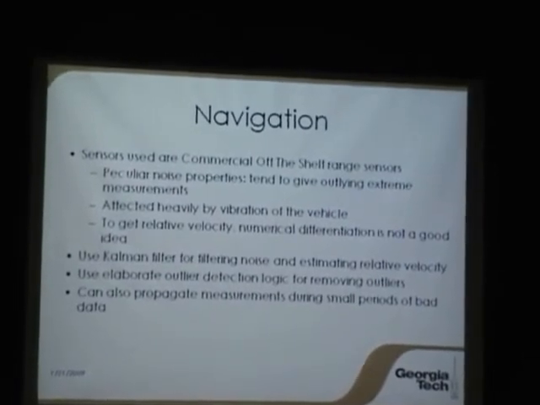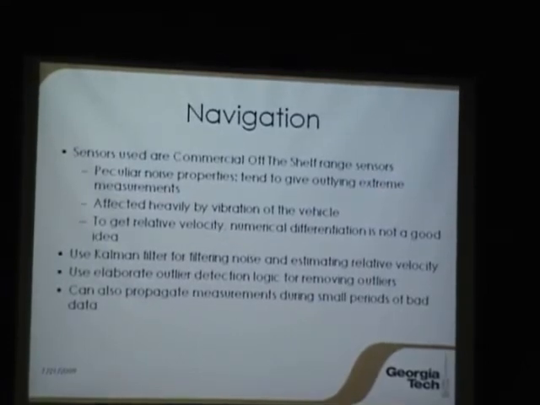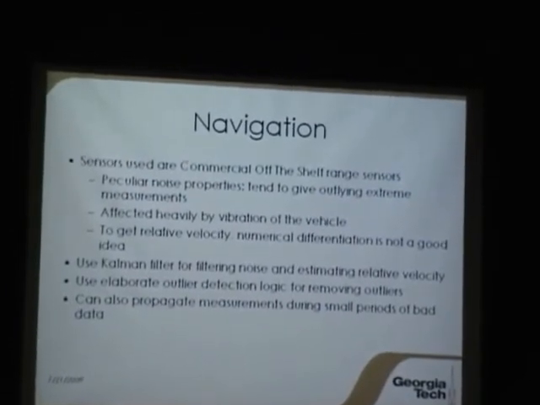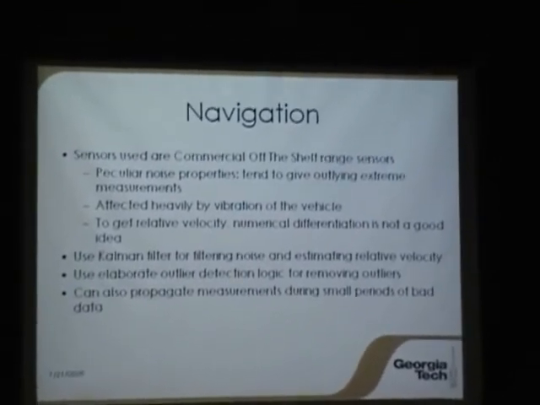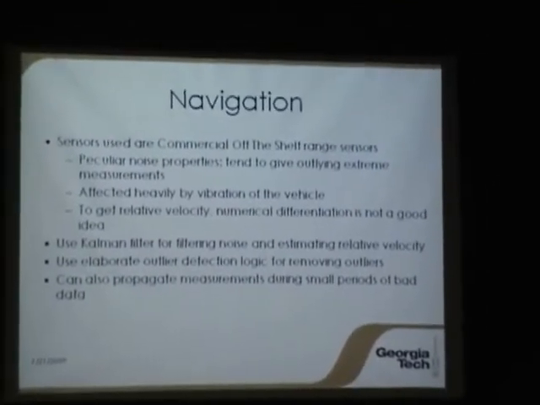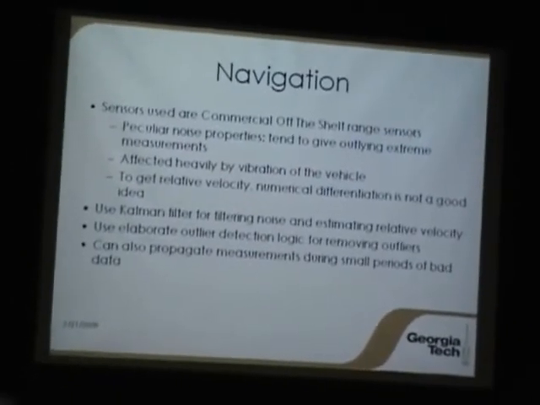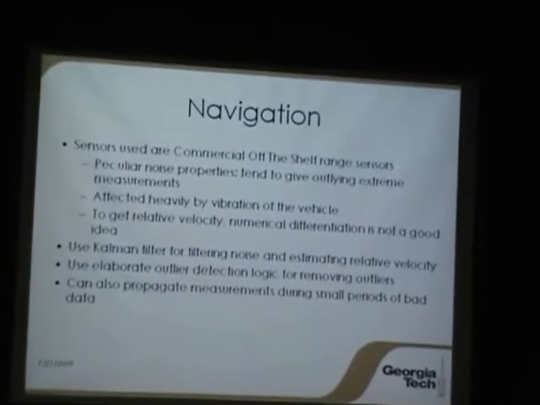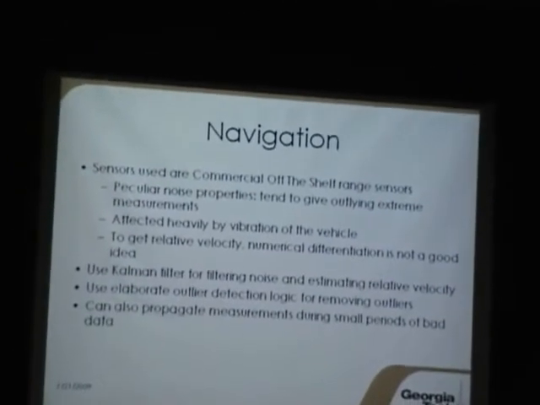That is not very Gaussian, so it is not the assumption that you make when you design a Kalman filter. So we are monitoring how the range measurements are evolving and actively detecting outliers and rejecting them from ever reaching the Kalman filter. This way, the assumptions of Gaussian noise on the Kalman filter are a little bit more reasonable.